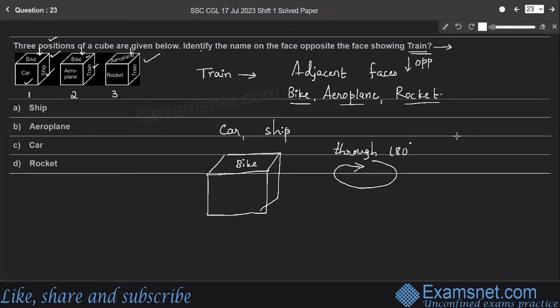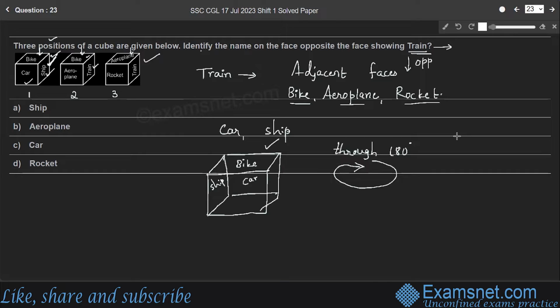Then this right face ship will be shifted to the left face. Ship will go to the left face, whereas car will go to the back face when the cube is rotated through 180 degrees horizontally in clockwise direction.